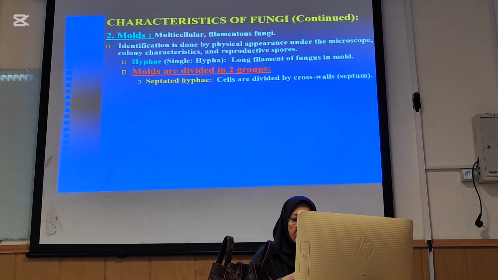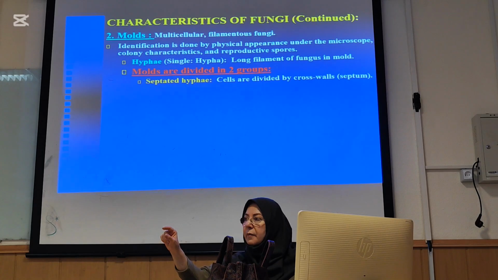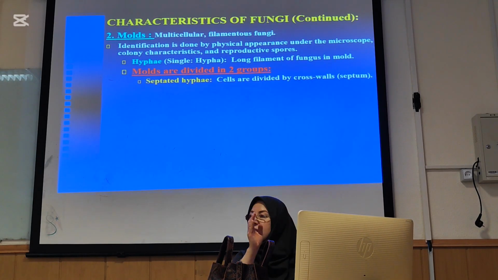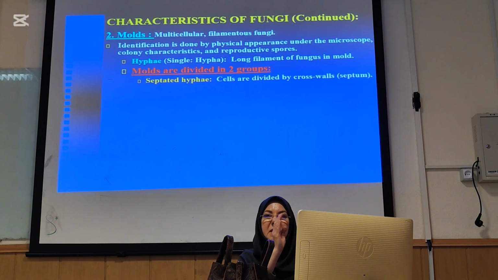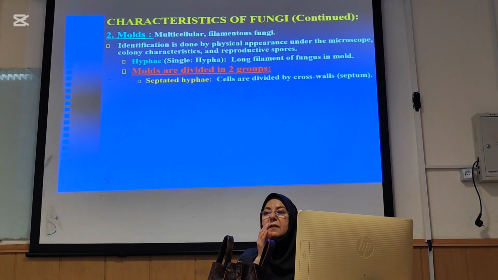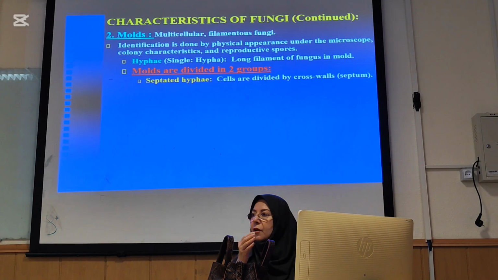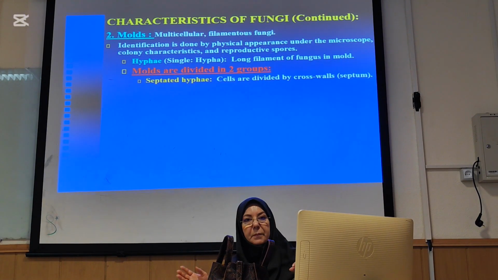In septated hyphae, cells are divided by crossbars. So along one filament, you can see some septum across the filament. Septum means a wall that can separate one cell from another cell.